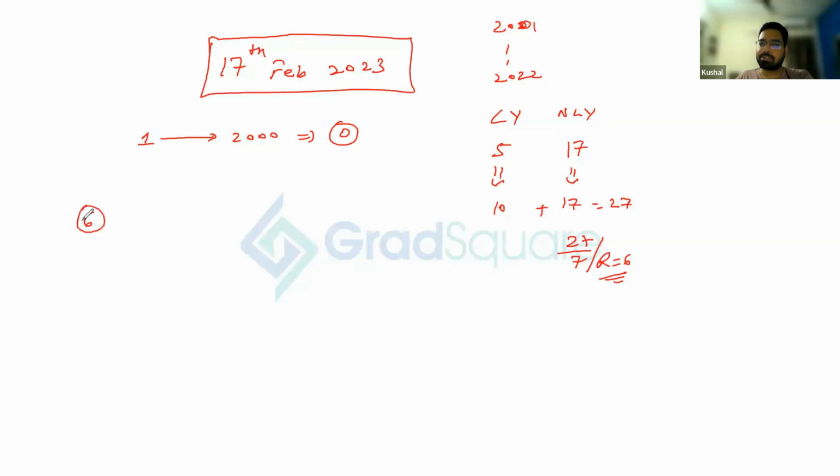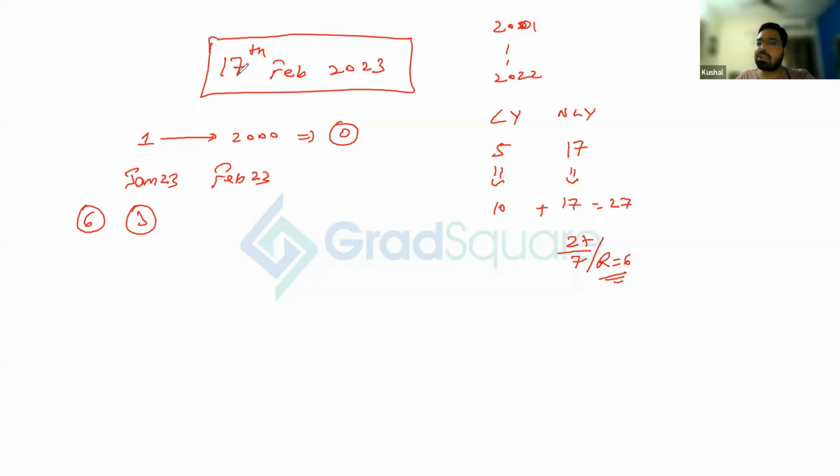Any doubts, anyone up to this? Then January 2023, I'm talking about, will have how many odd days? 3 odd days. Clear? Now, February 23, I will not take complete Feb 23 into account.